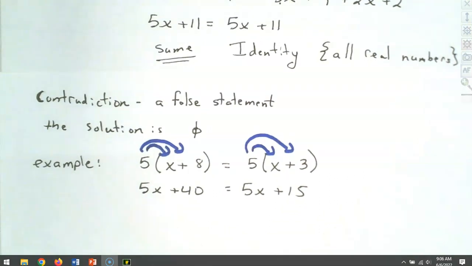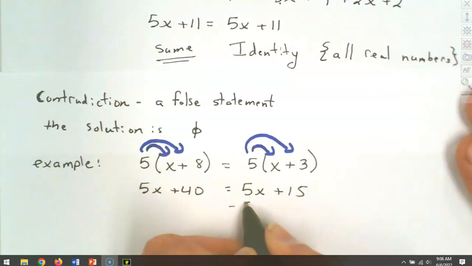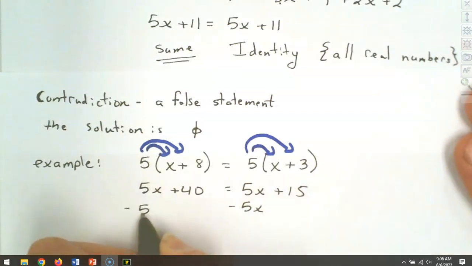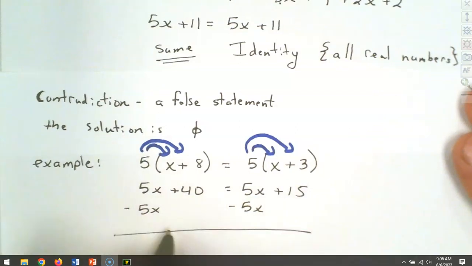Now, when we go to solve this, something special is going to happen. When I move those x's over, they're going to disappear. Okay? And we're going to be left with 2 numbers that can never equal each other. Because when I move those 5x's over, they're going to cancel out. So the 5x's can be moved over, and that leaves you with this.